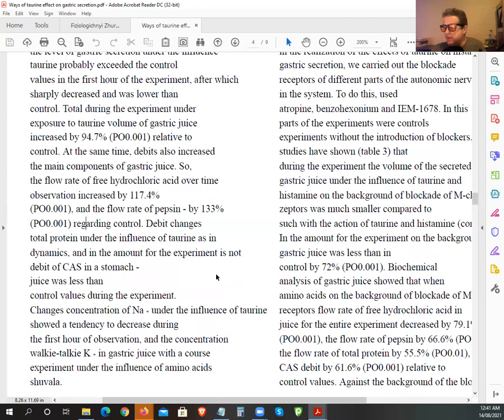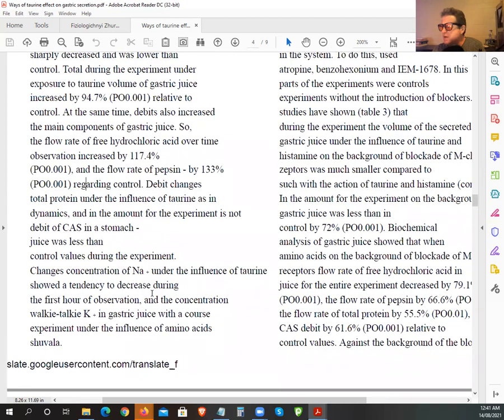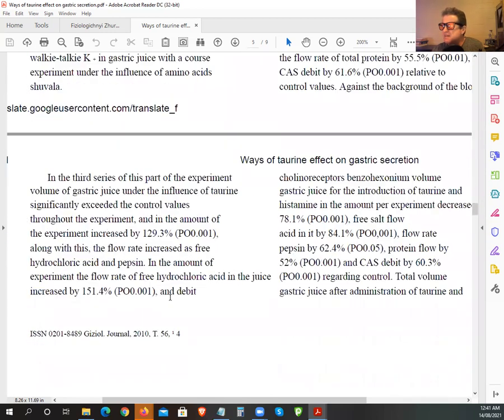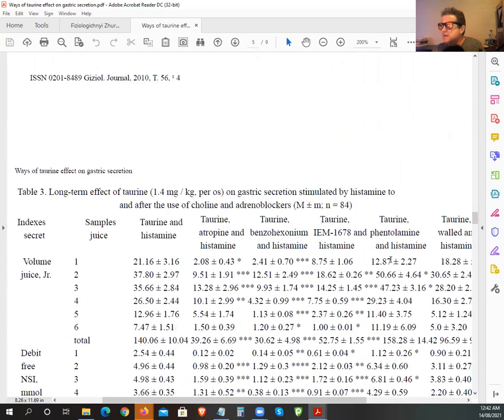I've already covered the sodium part, and we've covered the increase as well. That's in the overall, and that is the combination of hydrochloric acid and juices in general. I think that was about it.